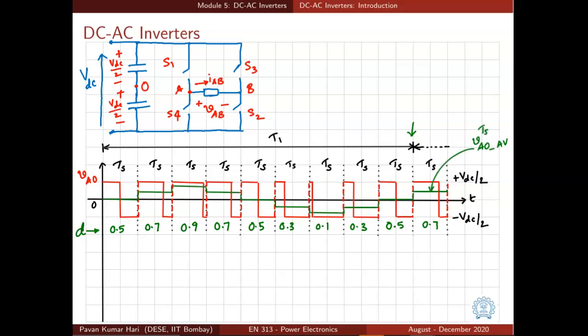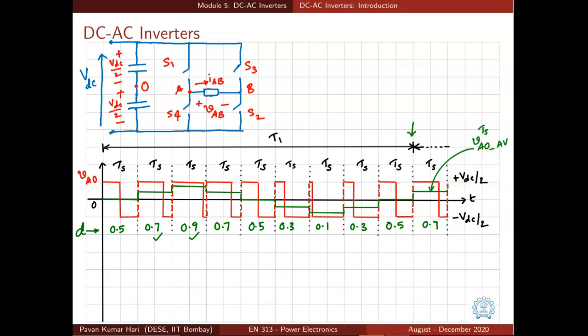Now let us look at the average value of VAO over each smaller interval TS. In the first interval of TS, the average value of VAO is 0. In the next interval, where the duty cycle is 0.7, the average value is positive. And in the next interval, the average value is even more positive.